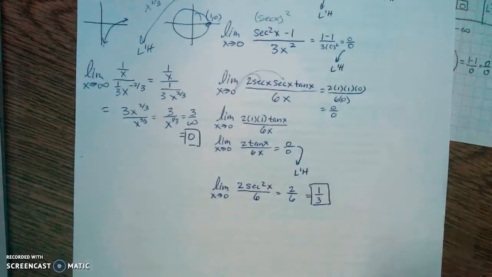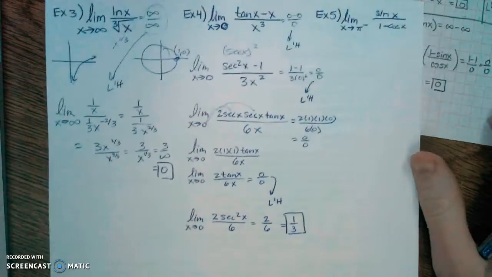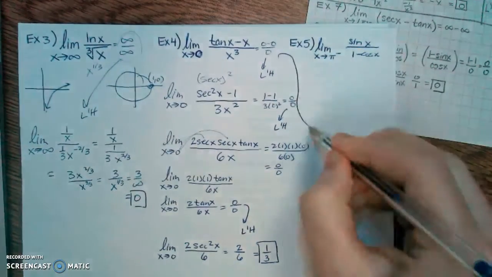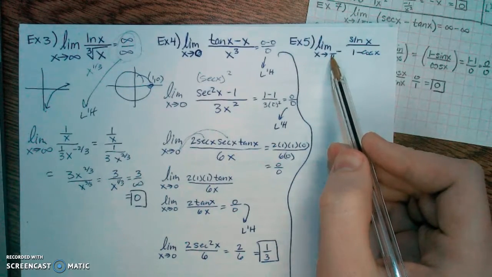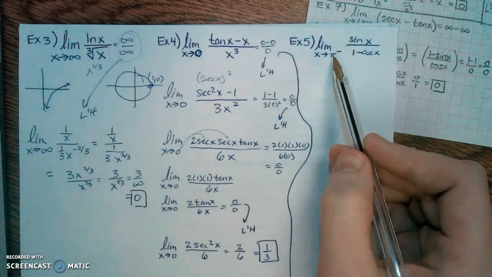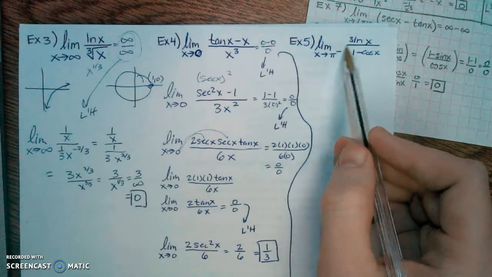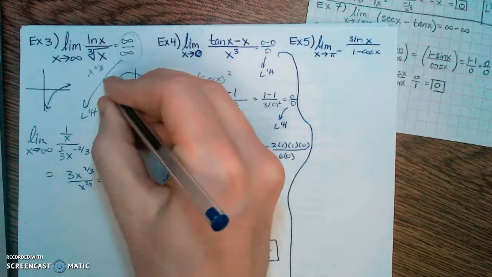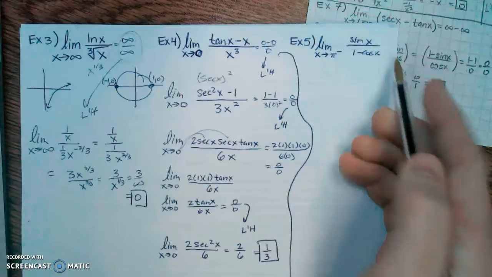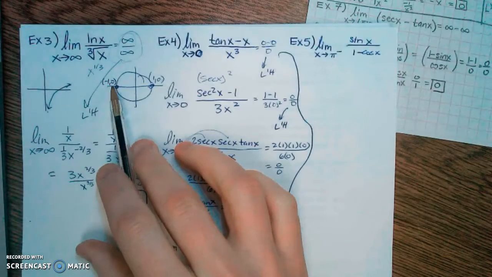And then example 5, we've got pi to the left. So if we look at sine at pi, so let's look at our unit circle. So sine at pi is 0.